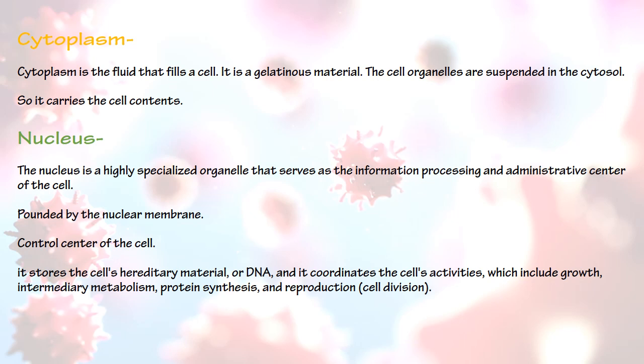So, cytoplasm is a fluid that fills a cell and it is a gelatinous material, that means semi-solid, and all the cell organelles are suspended inside the cytosol. It carries the cell contents. So, children, be clear, cytoplasm is not an organelle, it is the matrix of the cell.